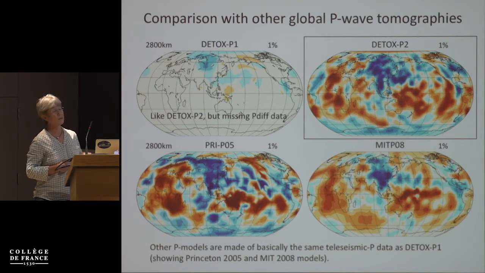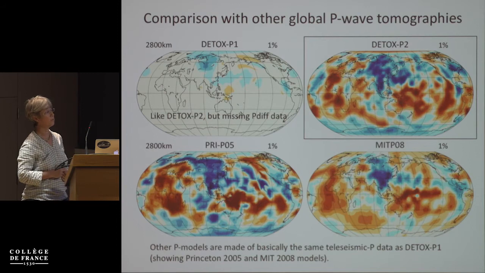And comparing this to previous P wave models, so first I'm comparing Detox P2 to our own Detox P1, where we haven't included the P diff, which is almost blank. And then you can see the other models. So this is the Princeton model from 2005, and this is the MIT model from 2008, both much used, but I could have shown others as well.